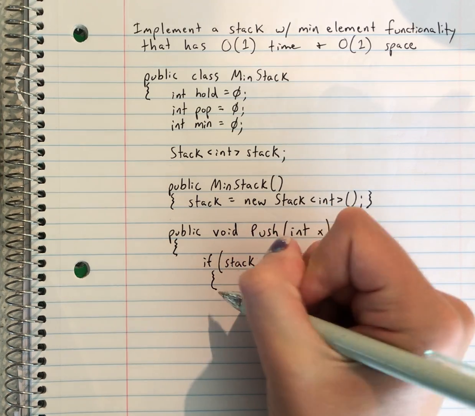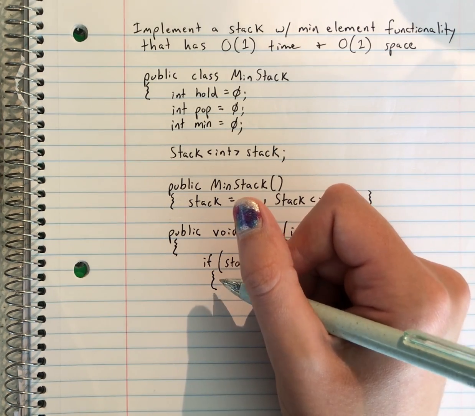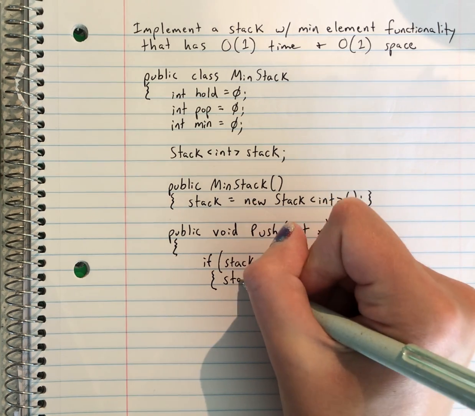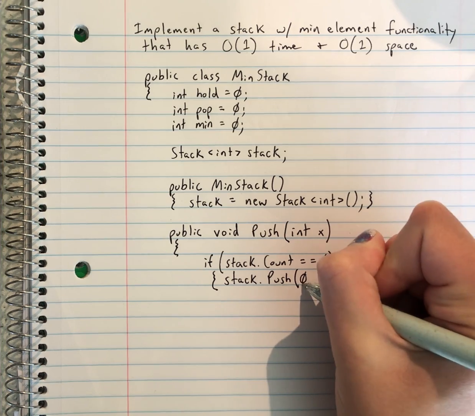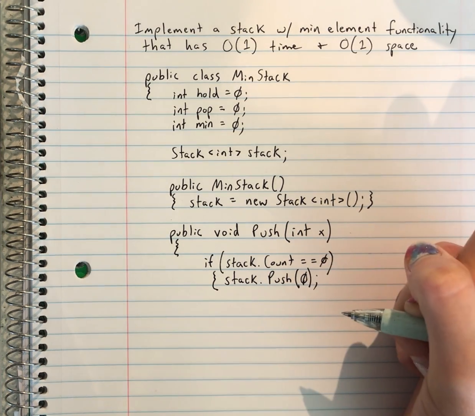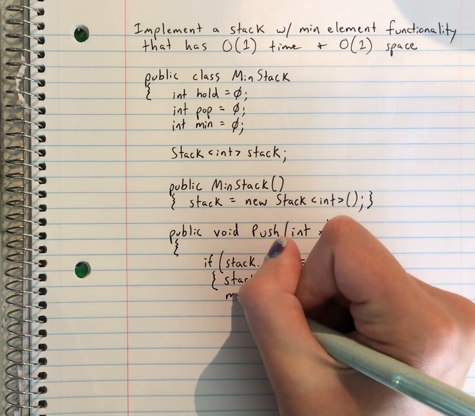So if the stack is empty, we're going to push 0 into the stack, and set the minimum as x.